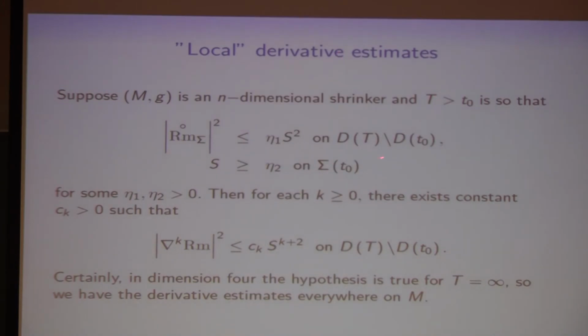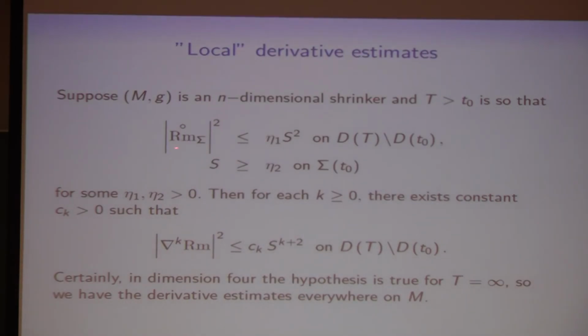So T is fixed. So this is only true on an annulus. I don't know anything outside. So I have a region in my manifold, an annulus, and I know that Riemann is bounded by scalar inside there. And I have a lower bound of scalar on the boundary of that annulus, at T naught. Then we get derivative estimates to any order, but in that annulus. So outside that annulus, we are not interested in it or we can't have any control.